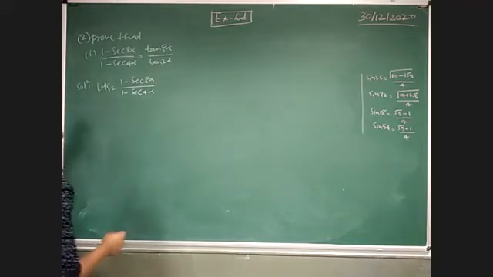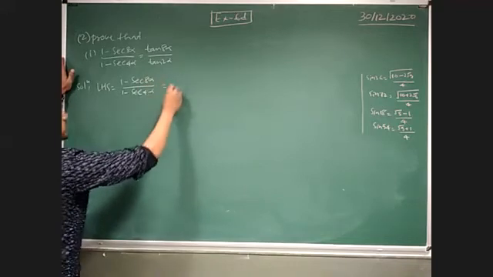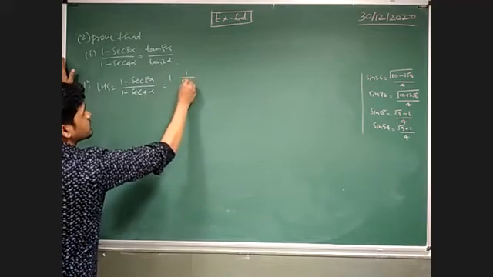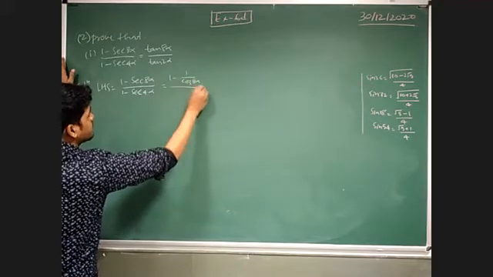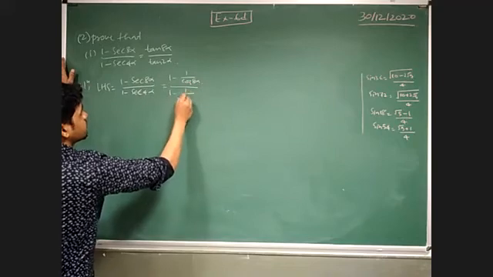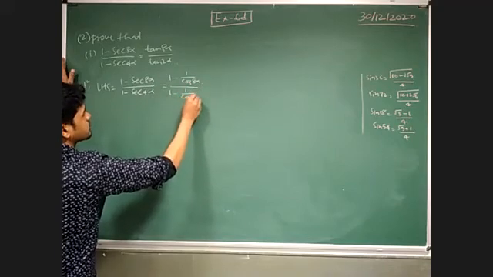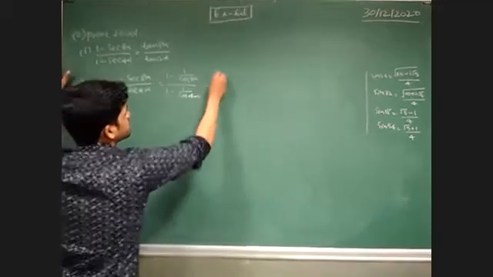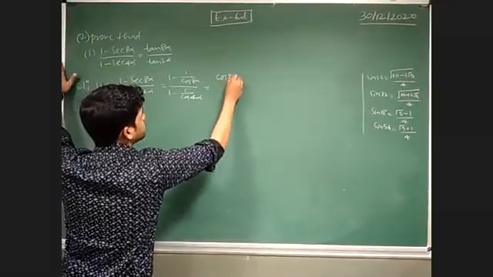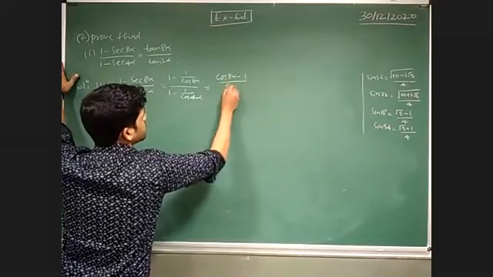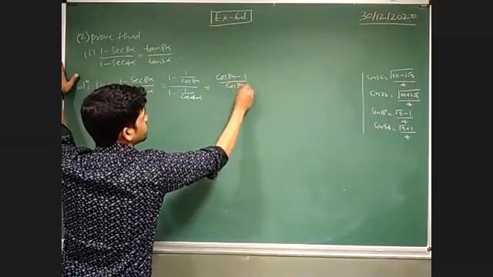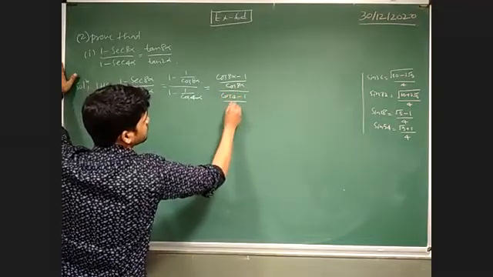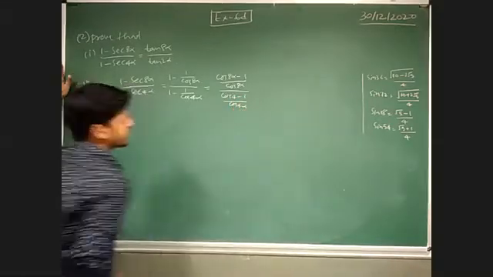Now see boys, I know the reciprocal of sec, so I'm going to write 1 minus 1 by cos 8 alpha, and here 1 minus 1 by cos 4 alpha. Okay, now just take the LCM here. So you will get (cos 8 alpha minus 1) by cos 8 alpha, and (cos 4 alpha minus 1) by cos 4 alpha, right?